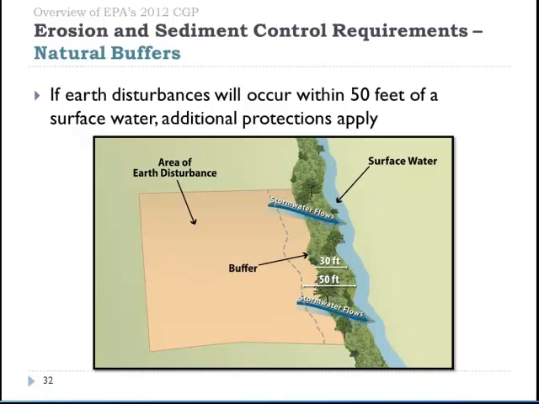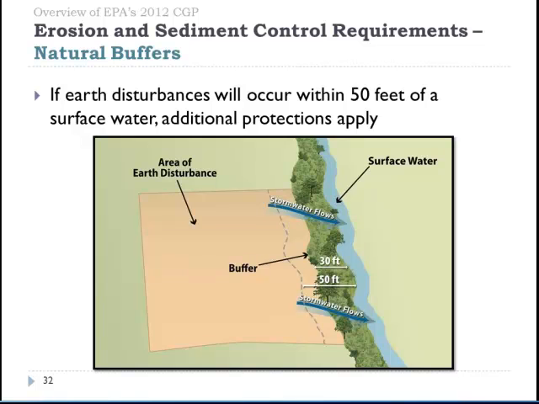We also looked at what states and local regulations already say about buffer widths in the areas where we're the permitting authority. And then we looked at whether a uniform buffer width would be an appropriate requirement or whether flexibility would be needed. And we ultimately found that 50 foot is an effective width at removing high levels of sediment, and also is a width that's commonly implemented in many states and local regulations.